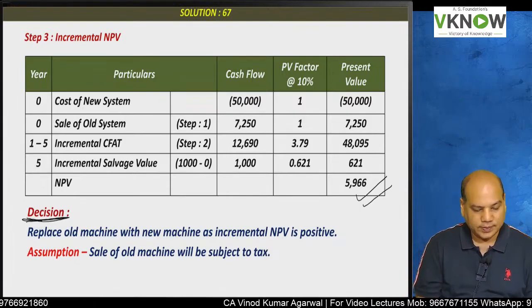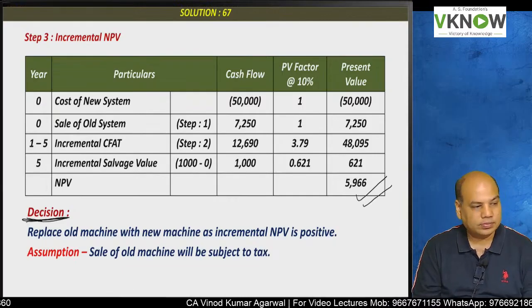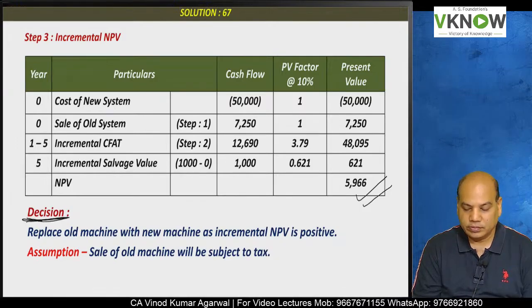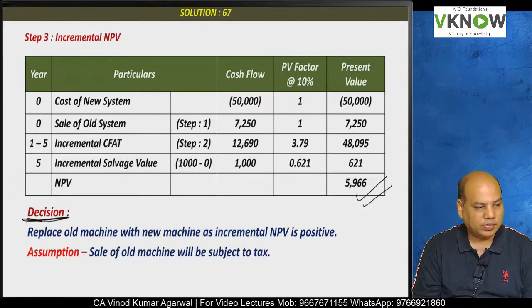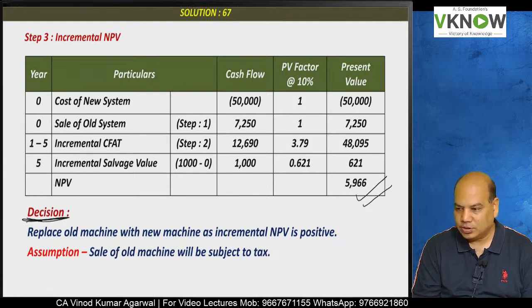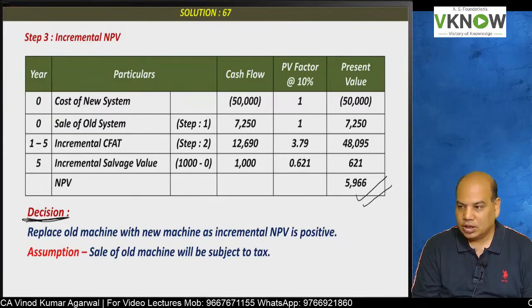Replace the old machine with the new machine, as the incremental NPV is positive. And write one assumption which I have dictated in the question.